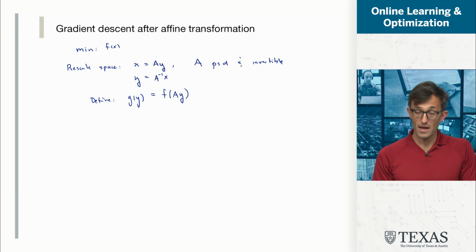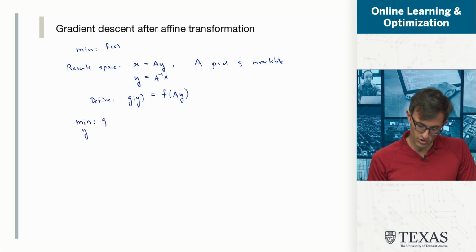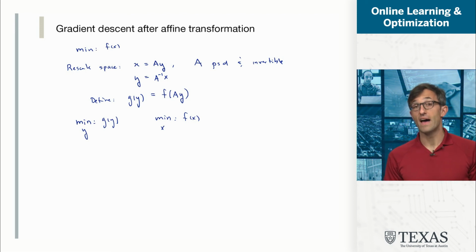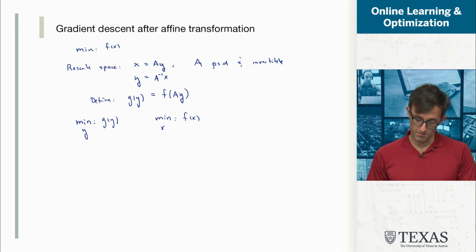Now, because A is invertible, let's compare these two problems. Compare minimize over y of g of y, and minimize over x of f of x. And let's ask, how do the minimum values of these functions compare? And how do their minimizers compare?